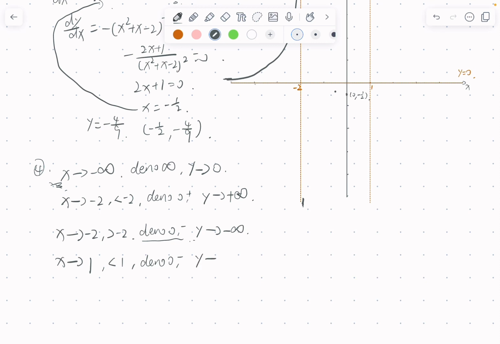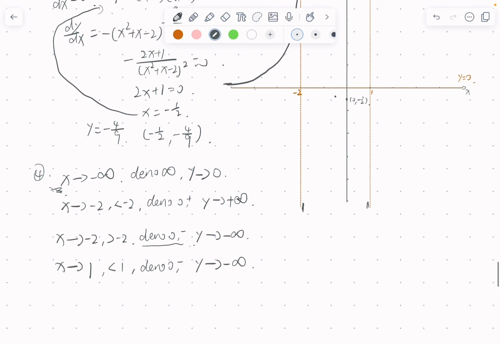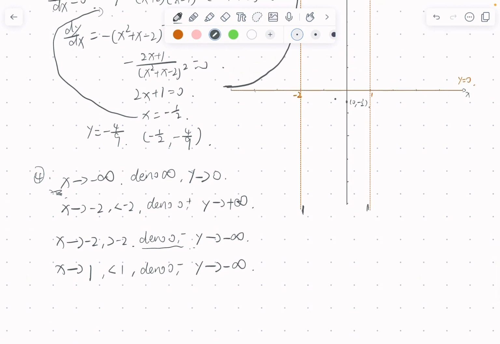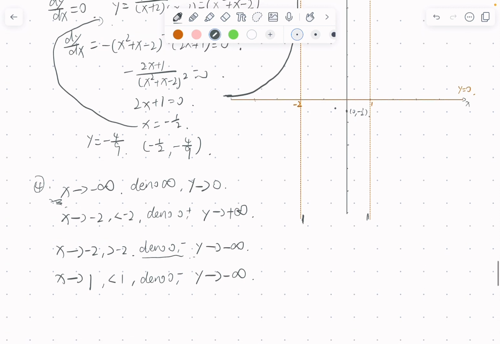Y will approach negative infinity here. And here is interesting: in this area, the line will also cross these 2 points. So we need to draw this graph smoothly.